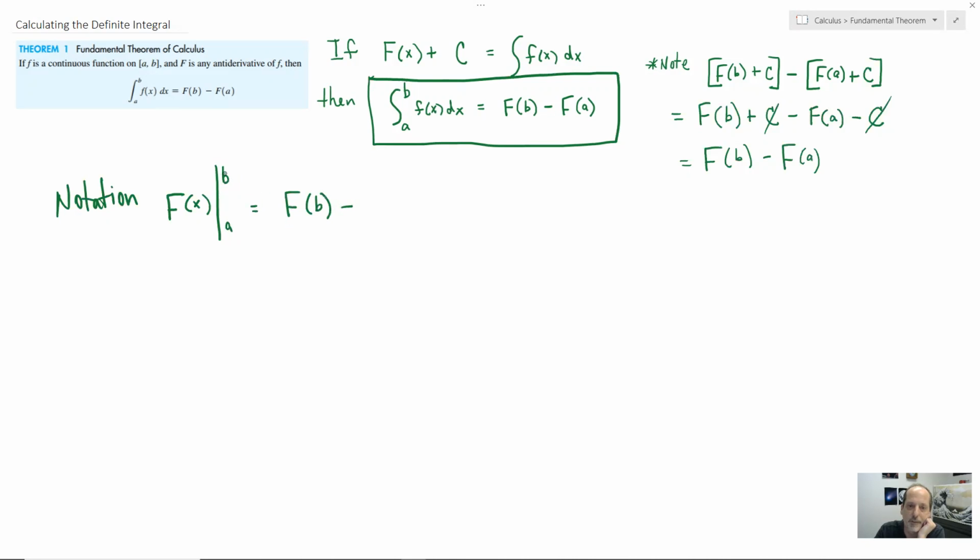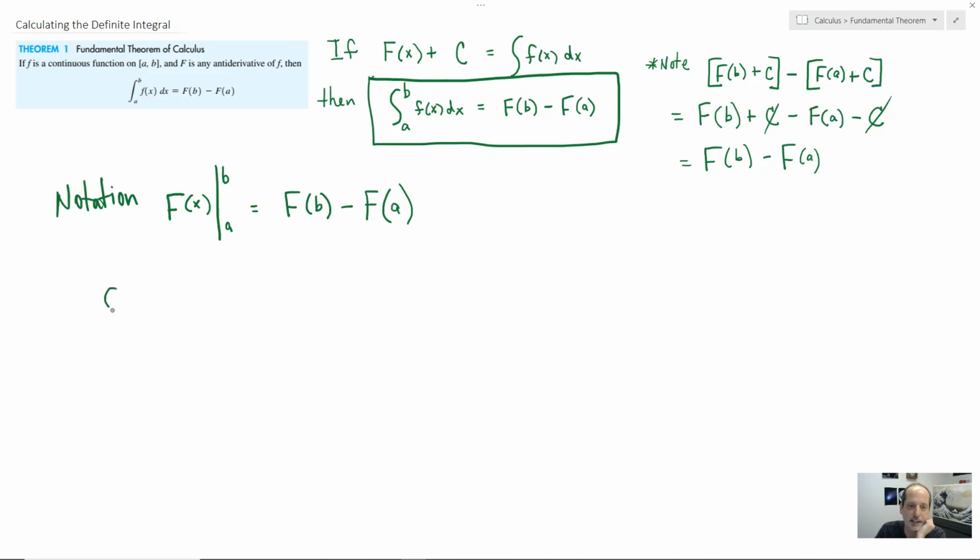So once I figure out what capital F is, I'm going to put it into this notation, and this is a shorthand for F of upper bound minus F of lower bound. Once we figure out what the integral of little f is, we're going to put it out here in front of this notation bar, and we'll see that put to work in just a minute.